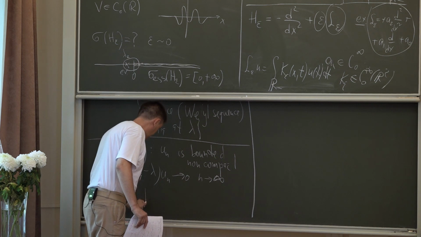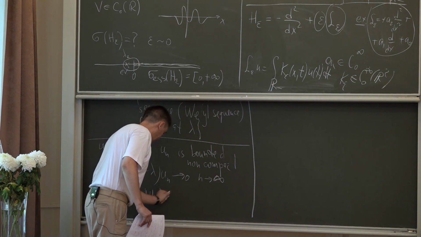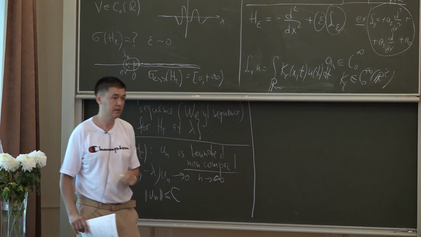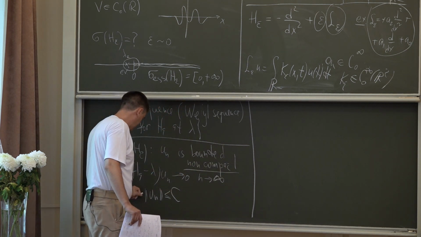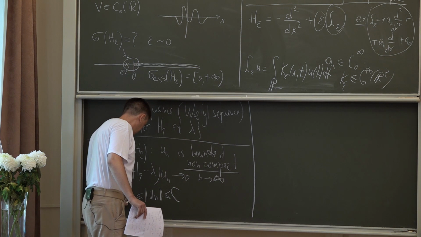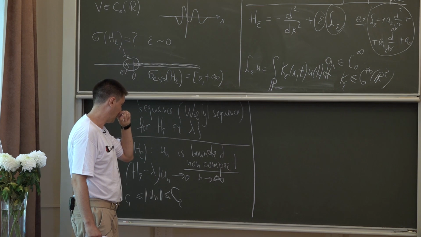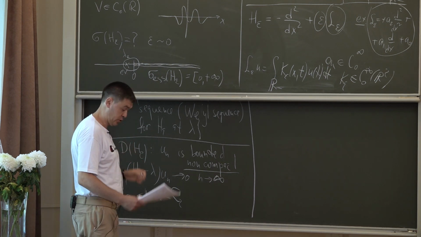Uniformly, actually, the norm of u_n is bounded from below, isn't it? And it's non-compact.